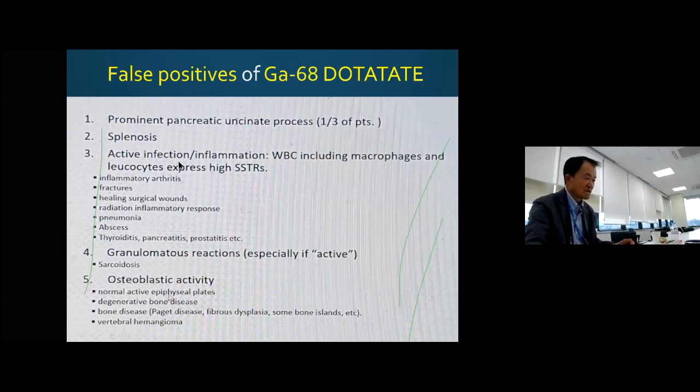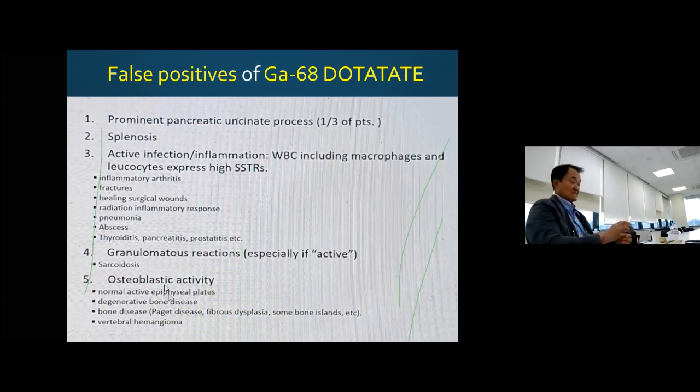A lot of inflammation, inflammatory reaction, which shows macrophages and leukocytes, also shows very high receptor. So you can imagine false positives: arthritic fracture, surgical wound, radiation, pneumonia, abscess, pancreatitis, granulomatous disease, sarcoid, and such.